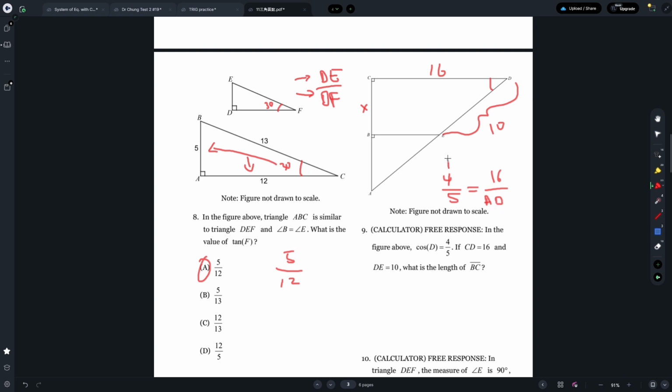So if you multiply 4 by 4, you get 16. So what we could also do on the bottom is multiply 5 by 4. So AD equals 20. So now we know this big one is 20. That means this length is also 10. So now, since we know that, we can figure out the other side length.